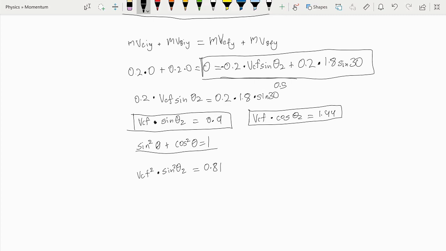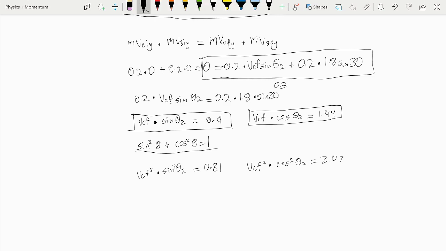And the other equation is VCF squared times cosine squared theta 2 is equal to 2.07.